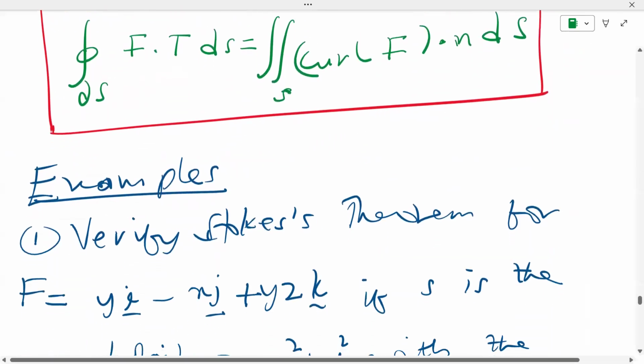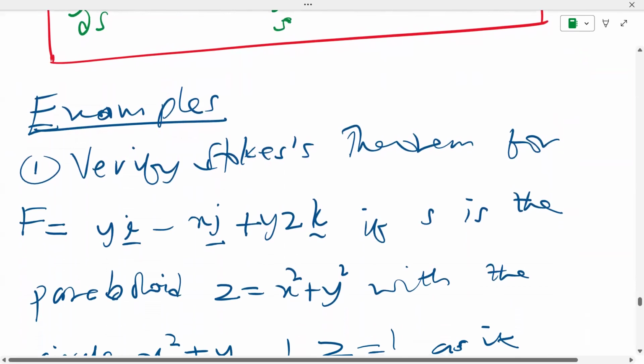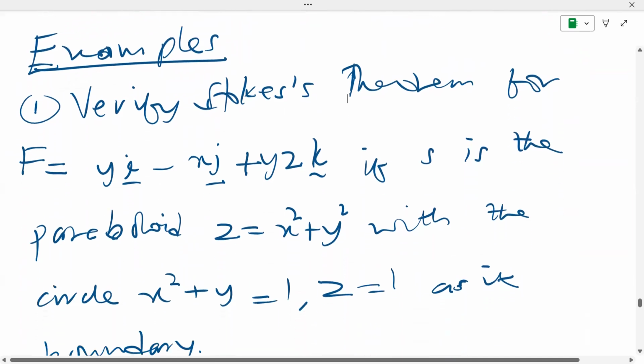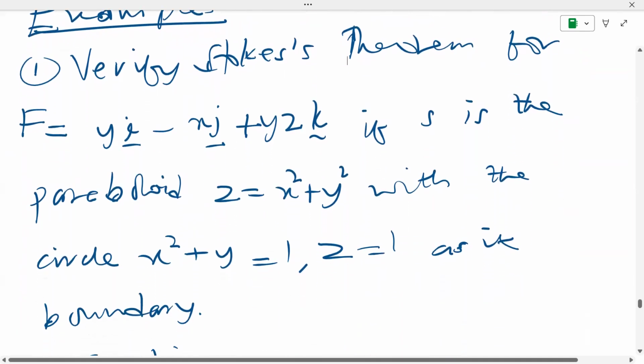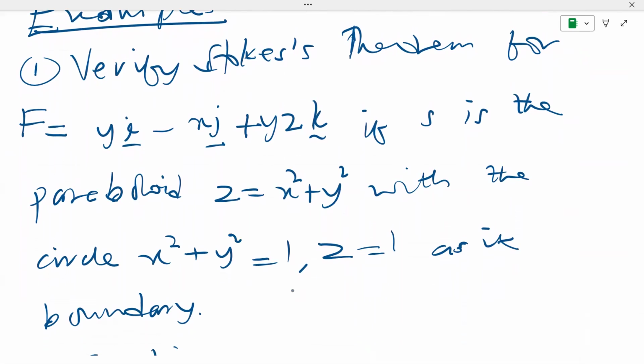And so we want to look at an example. Verify Stokes' theorem for our F given as this, if S is the paraboloid z = x squared + y squared with the circle x squared + y squared equal to 1, where z is also equal to 1.